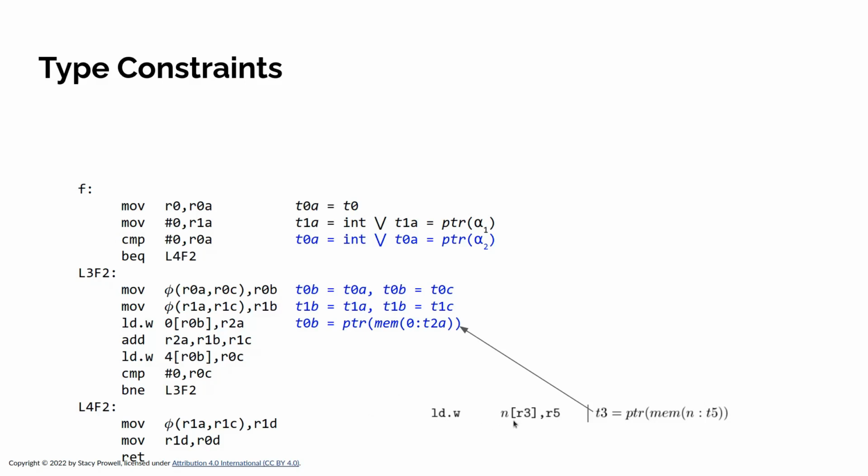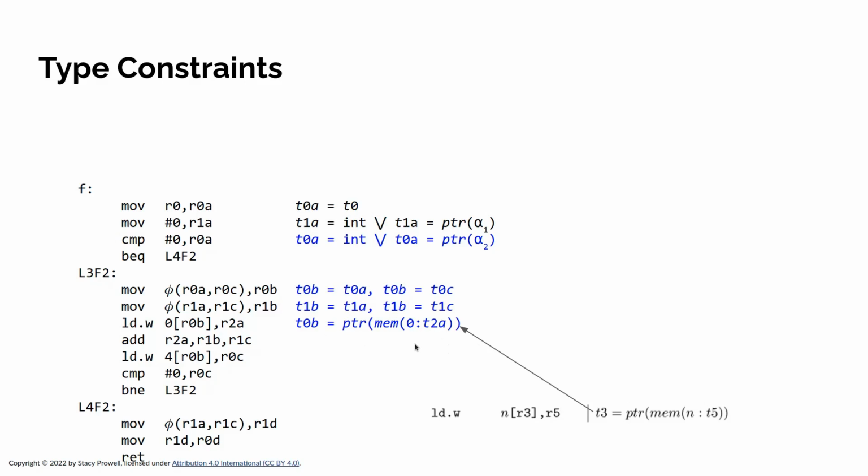So 0 matches the N. So we should see a 0 in here. And in fact, we do. R0B is the R3. And so we should see T0B here. And in fact, we do. And R2A matches R5. So we should see T2A here. And we do. So yay, did that correctly.